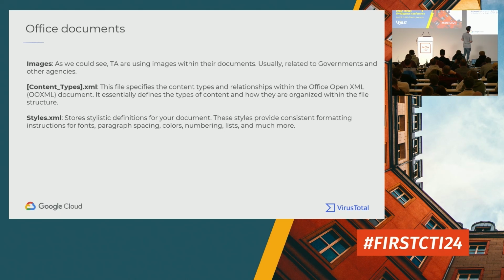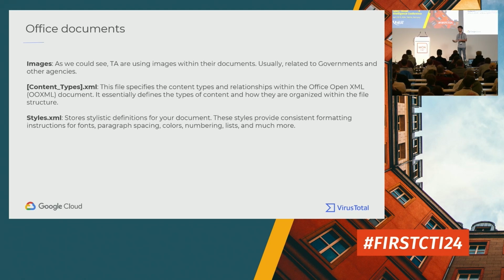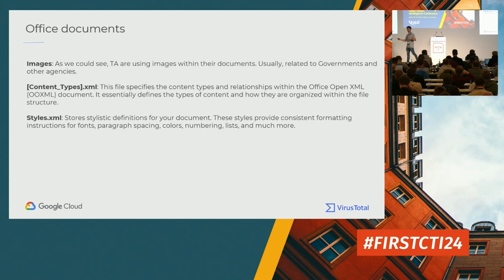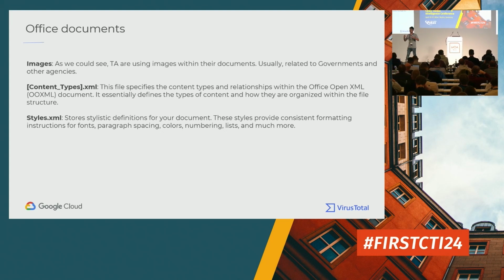The styles file stores stylistic definitions for the document. For example, the paragraphs, the spacing, colors, numbering. So I can create my own Word document, and I will create my own styles. And if I do that, the styles, in this case, will be pretty unique because I am creating my own styles. So let's imagine that there are some threat actors that maybe are creating their own Word documents and creating their own styles.